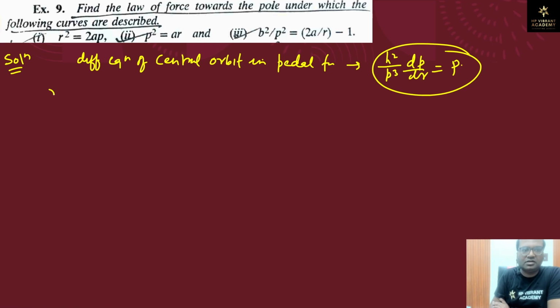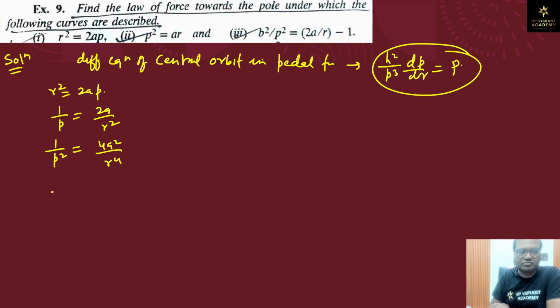Okay, so we have r square is equal to 2ap. So we have 1 upon p is equal to 2a upon r square. So from here we have 1 upon p square is equal to 4a square upon r^4.